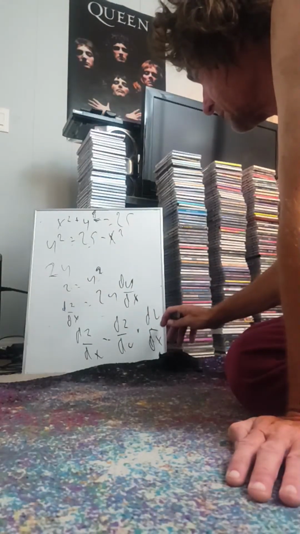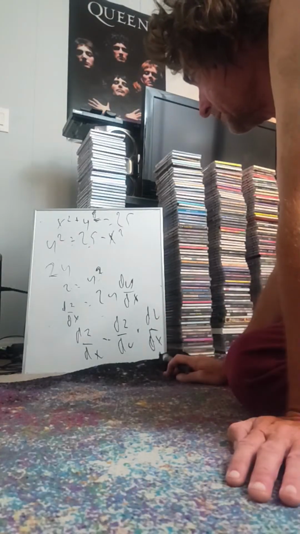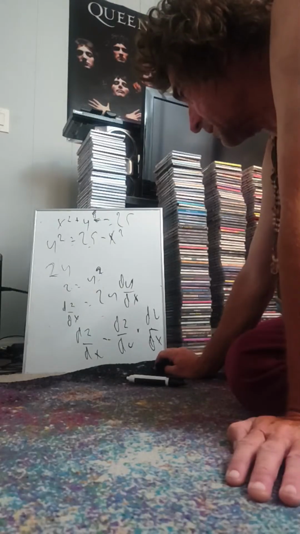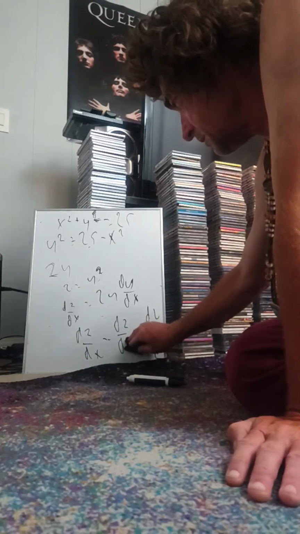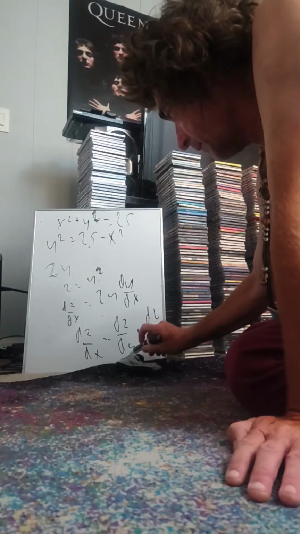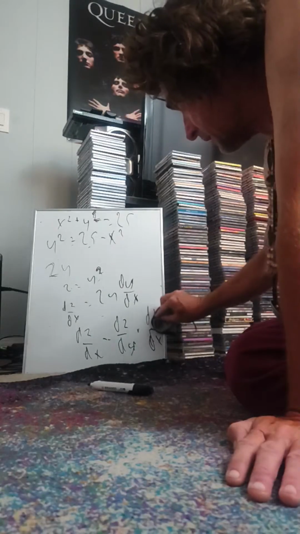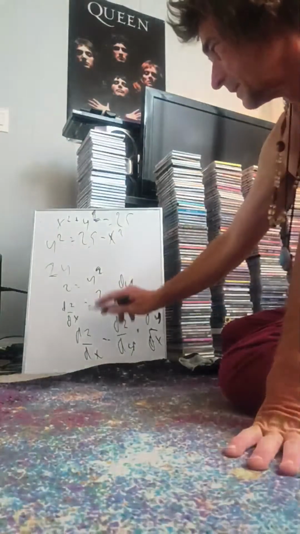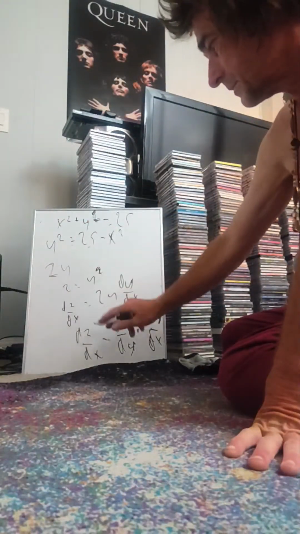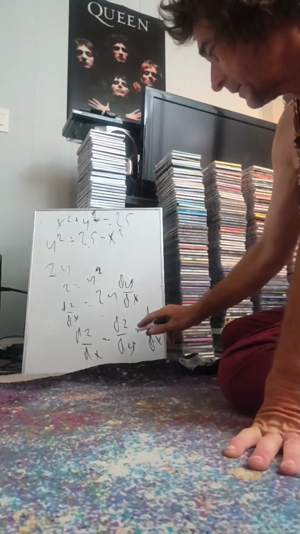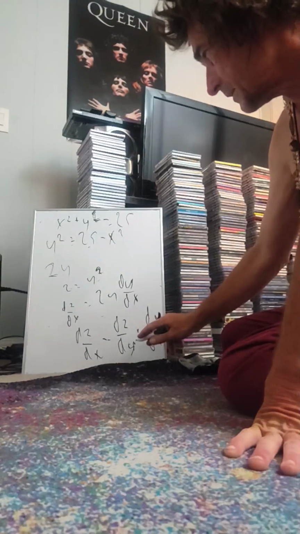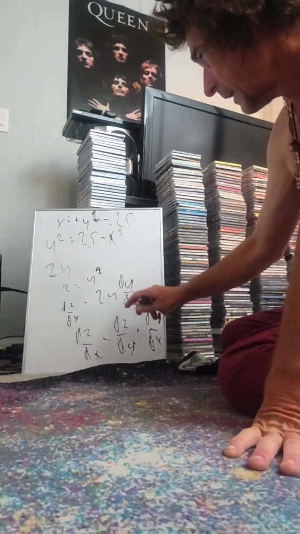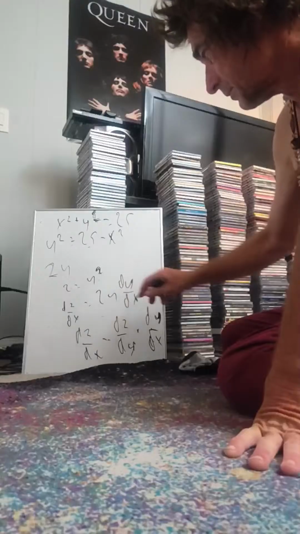So du/dx is dy/dx. This is z is y squared, so dz/dy is 2y, and then dy/dx is multiplied by that.